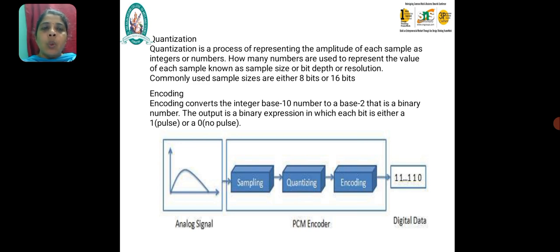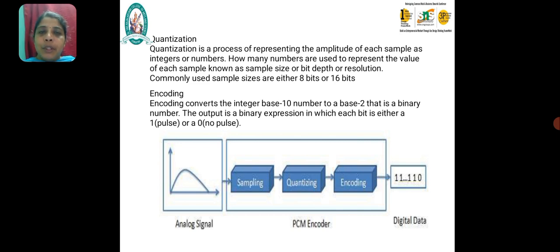So we have to identify how many numbers are used to represent the value of each sample. This is known as the sample size, also called bit depth or resolution. Commonly used sample sizes are 8 bits or 16 bits. It may be an octal number or a hexadecimal number.